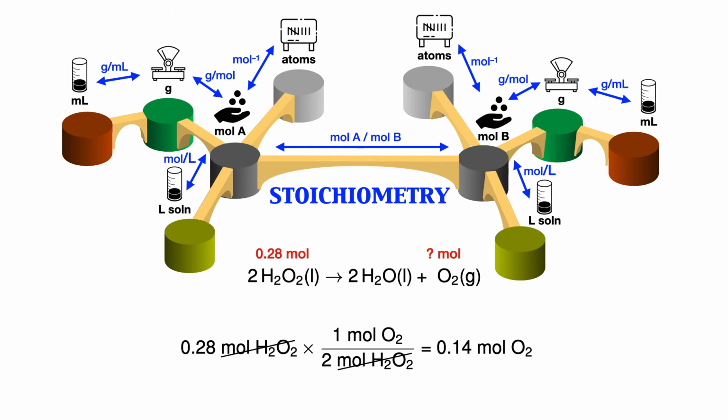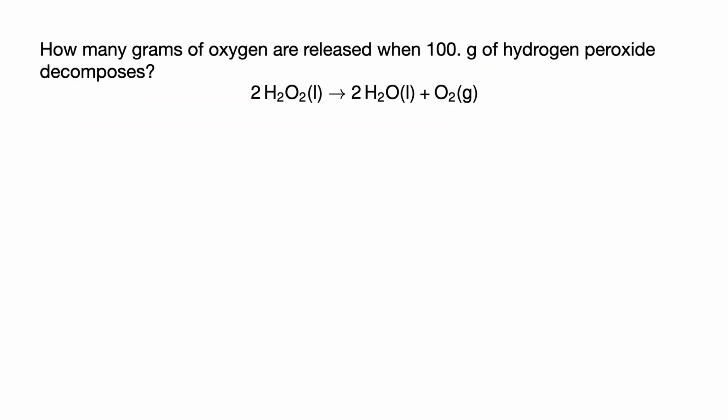Now, very often, stoichiometry will just be a part of a calculation. A more complicated example involving the same reaction would be: how many grams of oxygen are released when 100 grams of hydrogen peroxide decomposes?